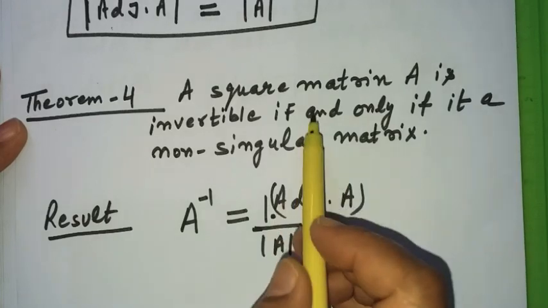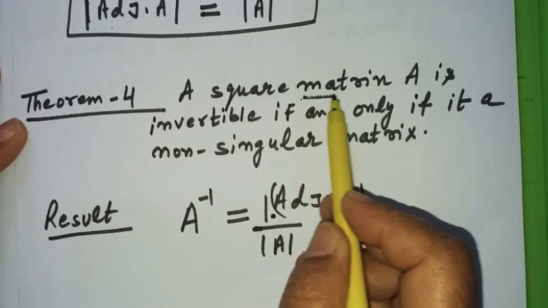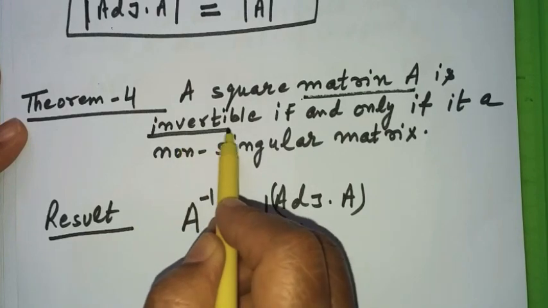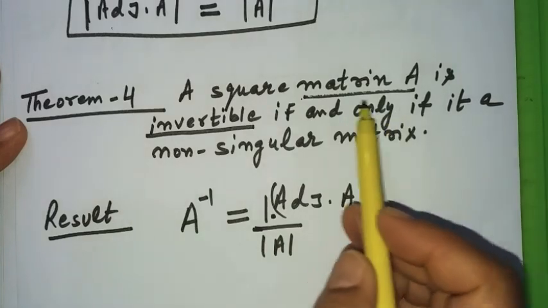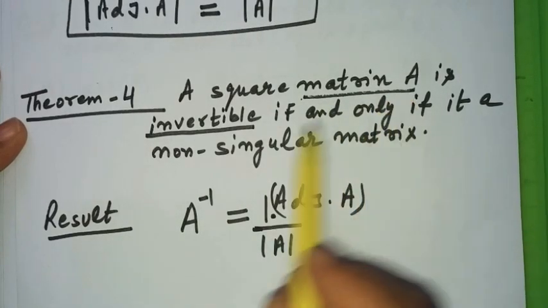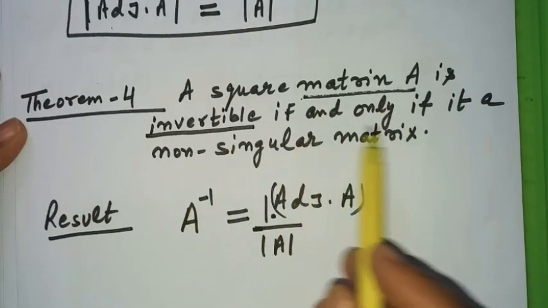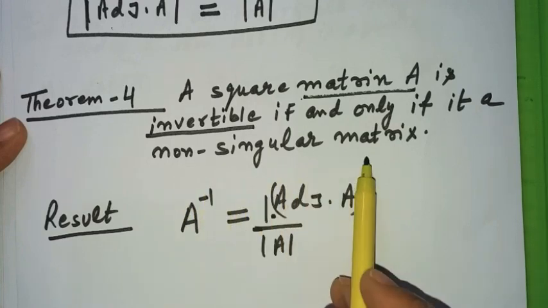So we are saying that a square matrix A is invertible. I have already explained the definition of invertible in my previous videos, that a matrix is called invertible if its inverse exists. So this theorem means that the inverse of a square matrix A exists only if it is non-singular.